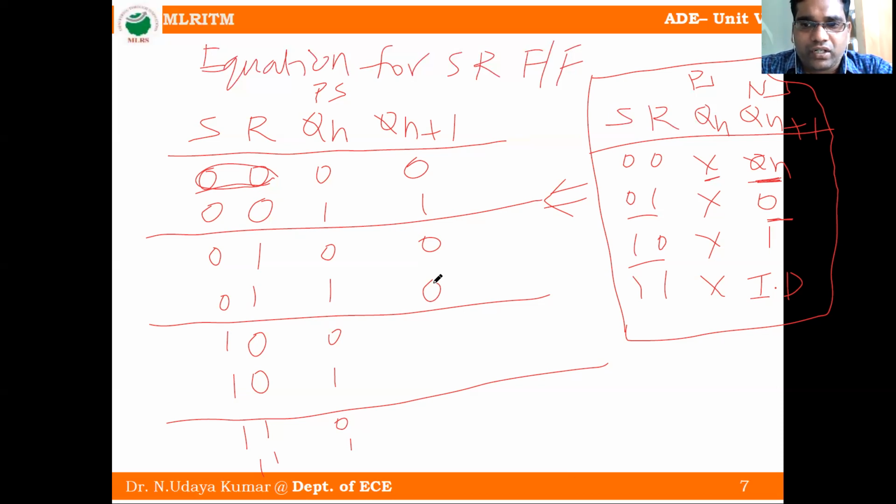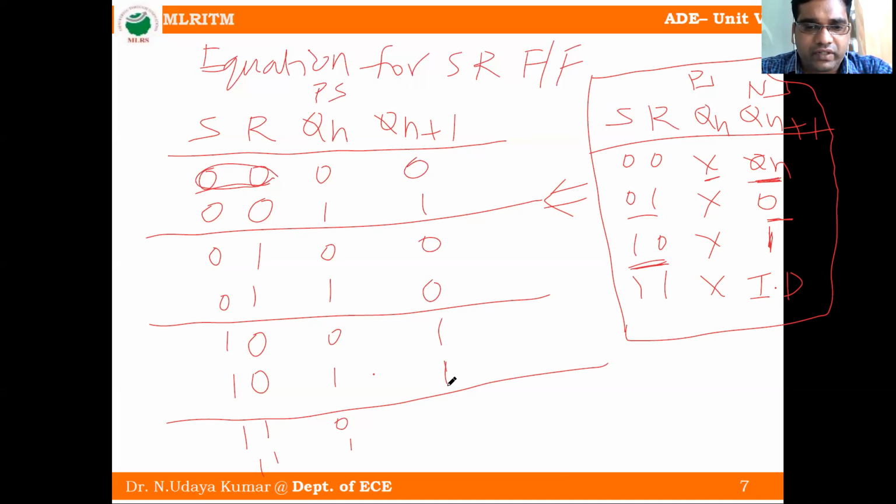Then the next combination is the 1 0 case. So the 1 0 case means we are getting the next state as 1, irrespective of the present state. Then 1 1.